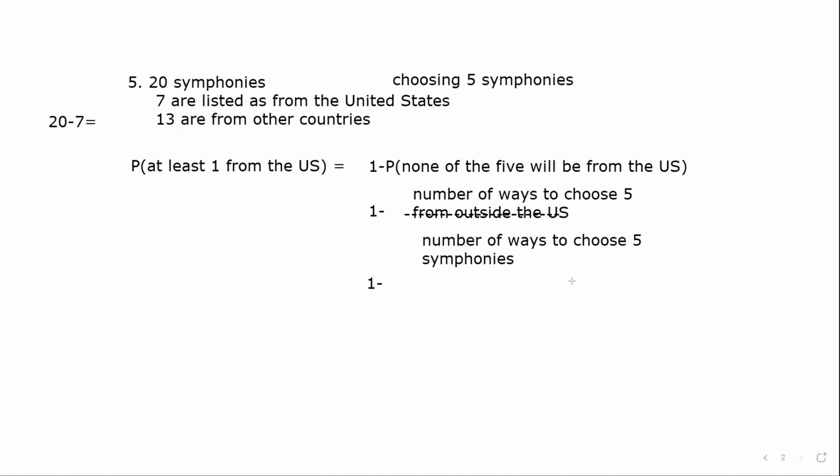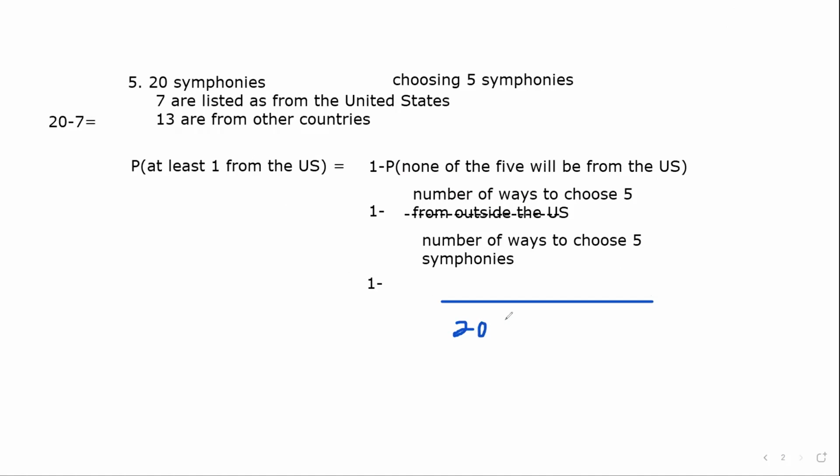How many symphonies total do I have? I'm choosing 5. How many do I have to pick from? 20. Yeah, so from 20, I'm choosing 5, right? So the bottom of this is going to be 20 choose 5.